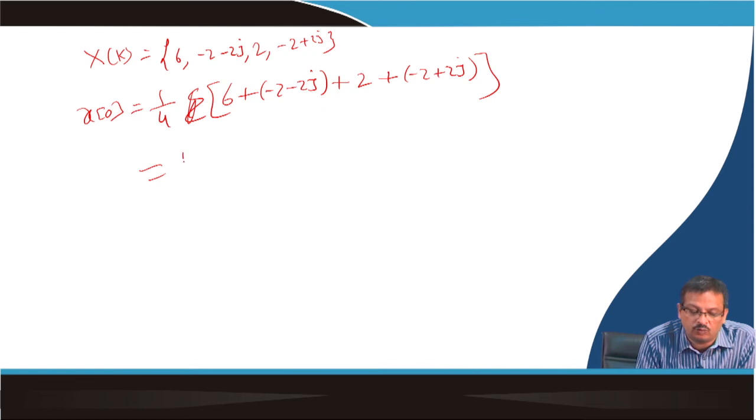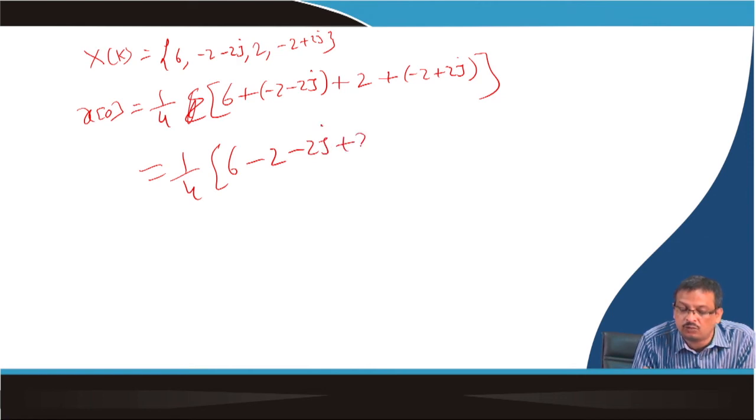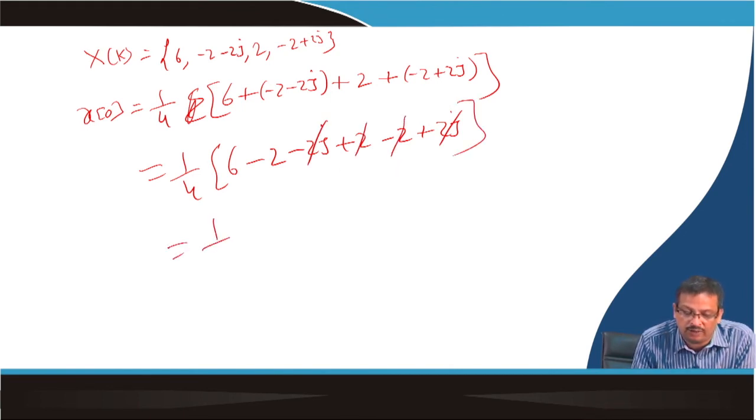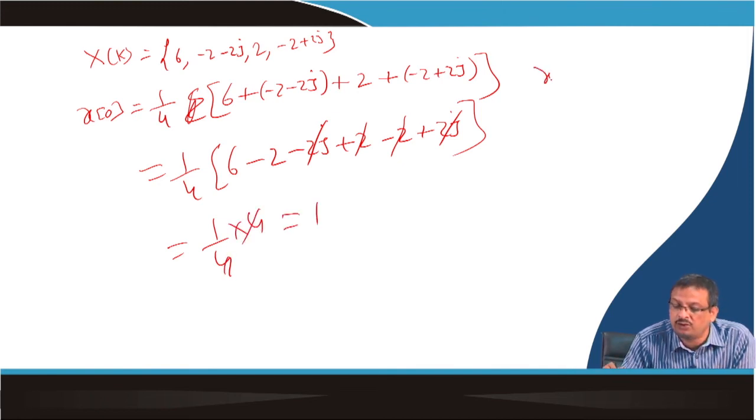So it is 1 by 4 times 6 minus 2 minus 2j plus 2 minus 2 plus 2j. The 2j cancel, minus 2 plus 2 cancel. So it is 1 by 4 into 4, which is equal to 1. So x of 0 is equal to 1.